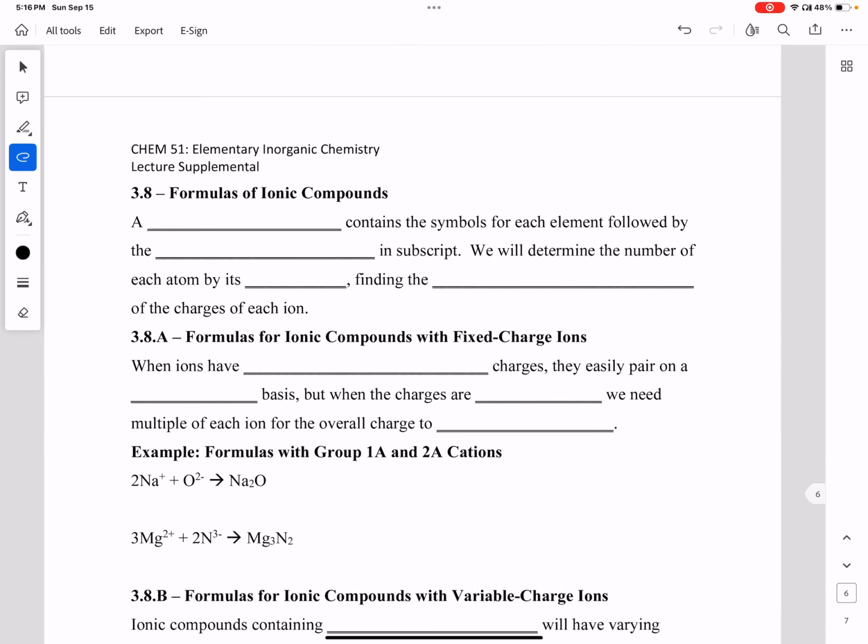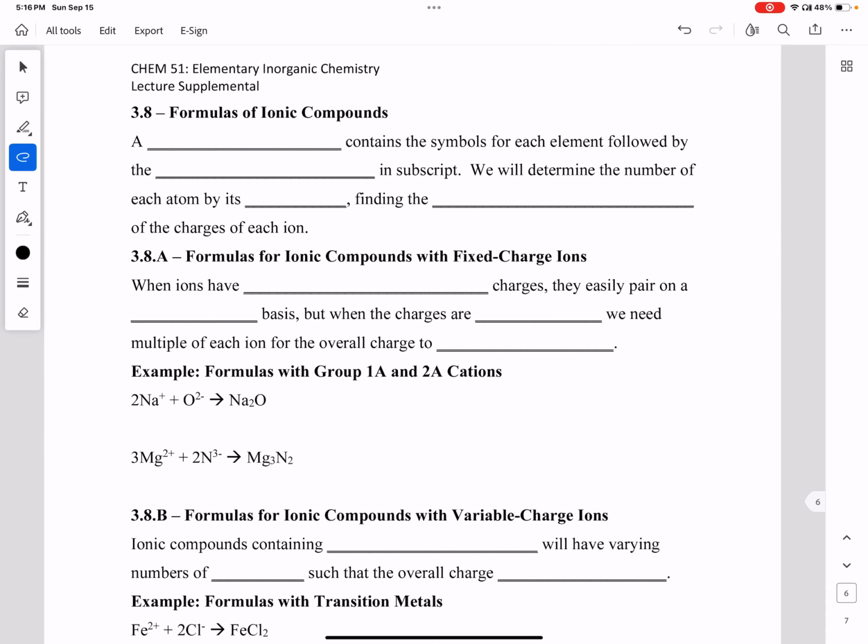So now these final pages are going to be what's most applicable to the activity that we're going to do. And that's all about determining the formula and determining the name of ionic compounds.